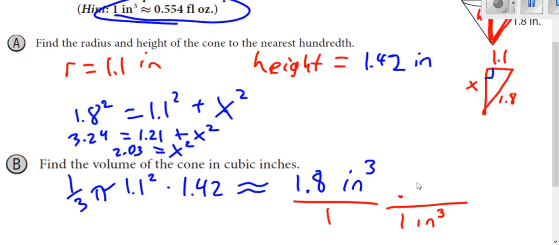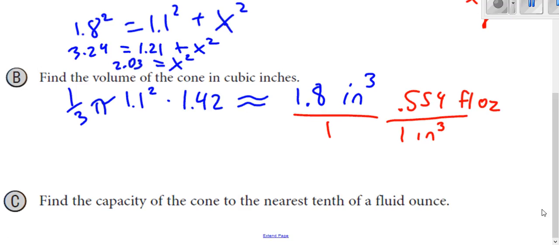And then the 0.554 fluid ounces in the top, in the numerator. So you multiply that out and you get 1.8 times 0.554 is about 1 when you round it, actually.